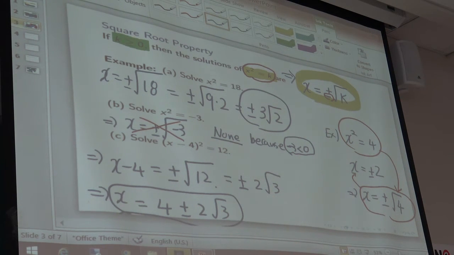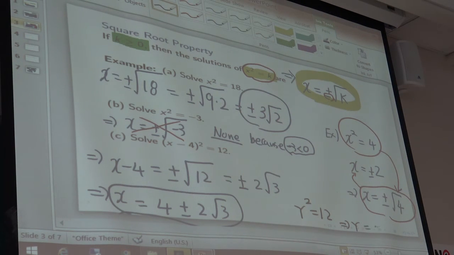So wait, how did you get from equals 12 to plus or minus 2 square root of 3? So x minus 4 squared, we can imagine this as just the letter y squared. Just imagine x minus 4 as just y. So y squared is 12, right? Yeah. And y squared is 12 implies you can use this.